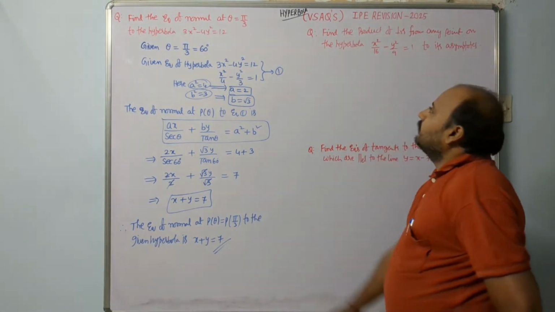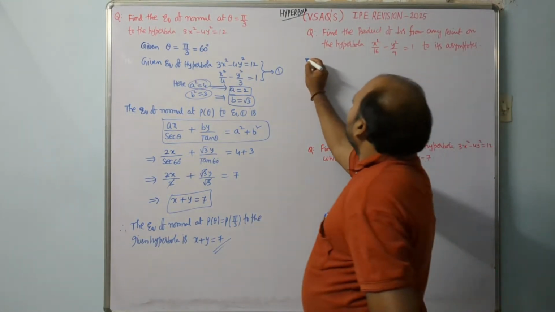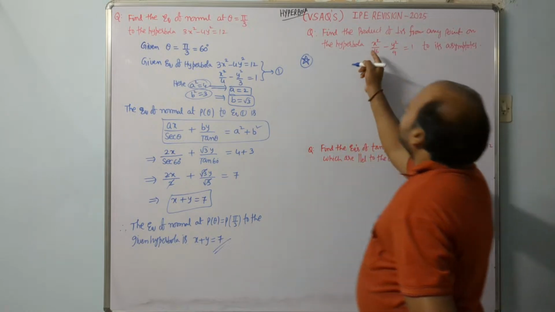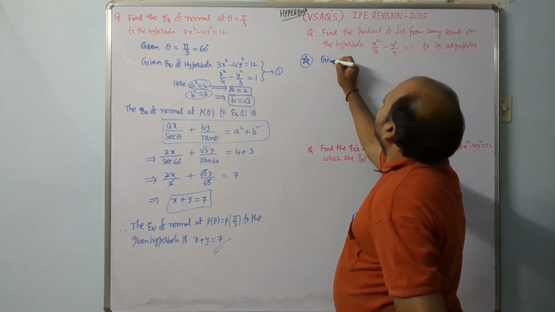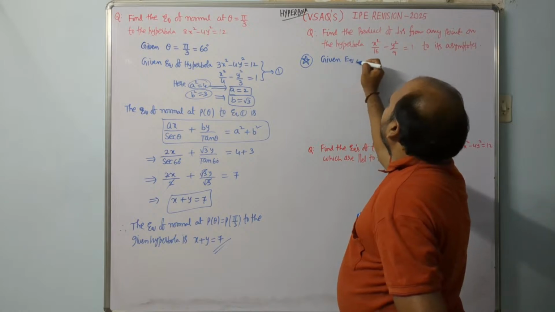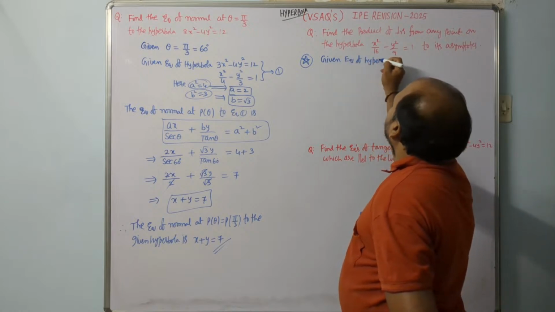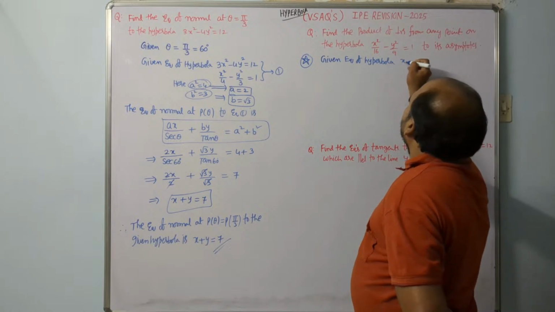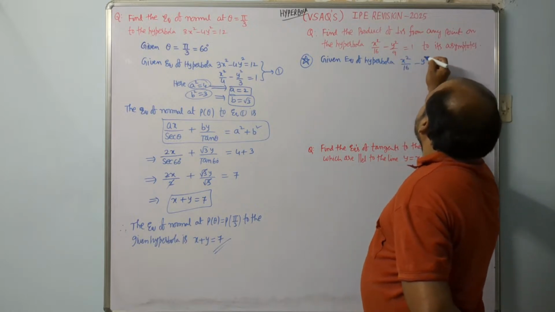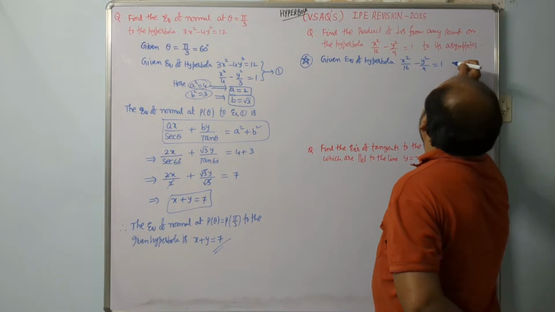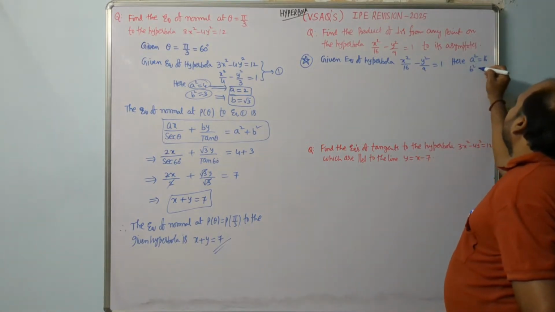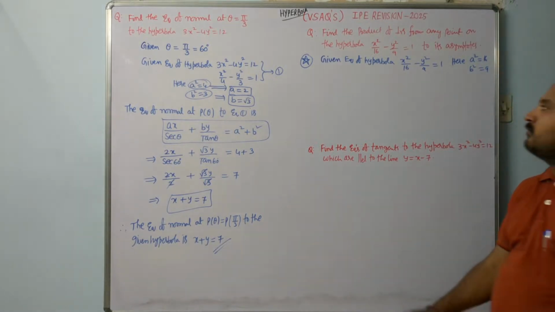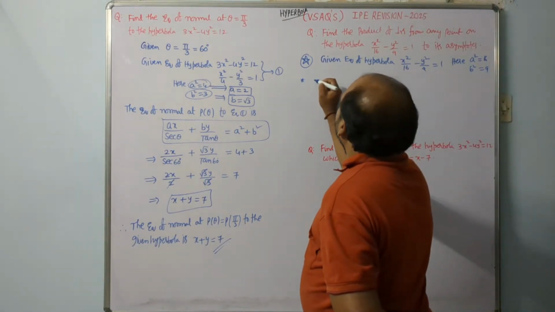Now come to here. This is the standard result we have. This is the given equation of hyperbola. X squared by 16 minus y squared by 9 equal to 1. Here a square equal to 16, b square equal to 9. Directly I am writing the formula.